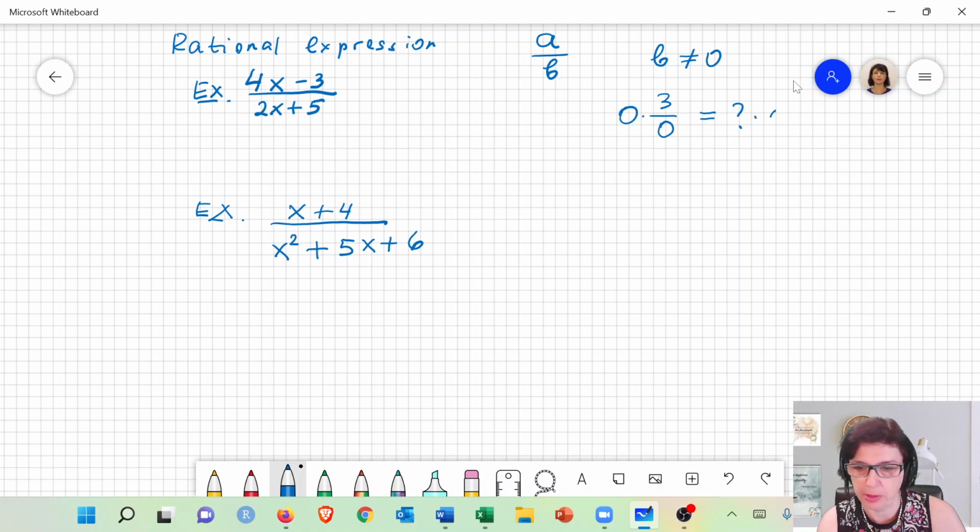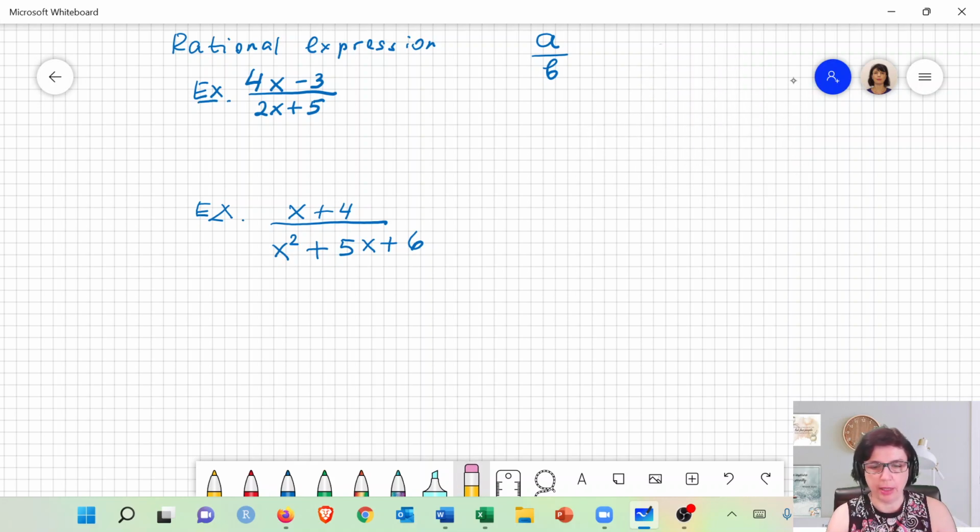Then here, it'll cancel, and you will wind up with 3 equals some number times 0, but some number times 0 is 0. And then you get 3 is 0. So you cannot have something like that. So you need to understand that anytime you have a fraction, division by 0, the bottom equals 0, is not allowed. That's a problem.